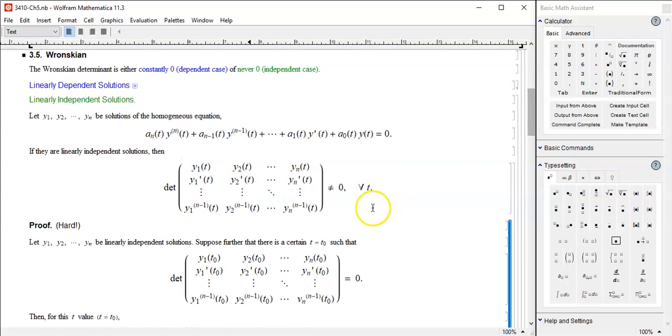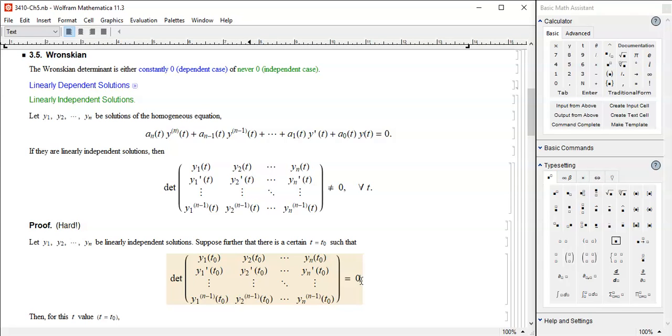Okay, we want to prove that this is non-zero for any t, so let's use proof by contradiction. Let's suppose that there is a certain t0 so that the determinant is indeed 0. And later we are going to prove that such a t0 does not exist, therefore a contradiction. This is where we're going to begin.